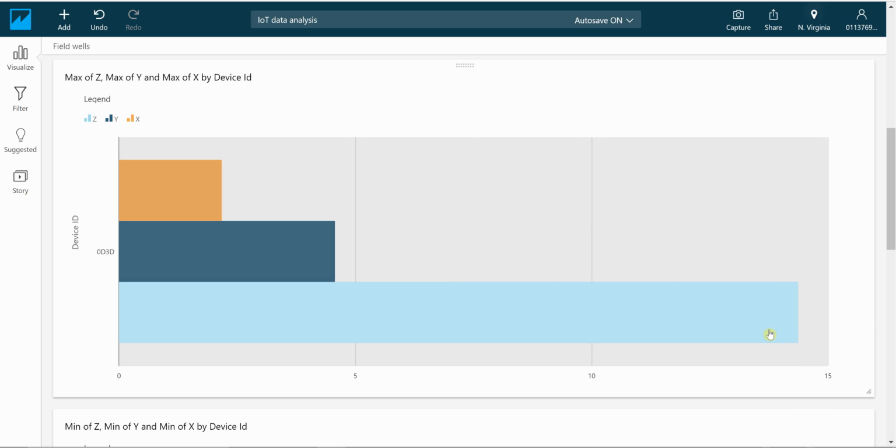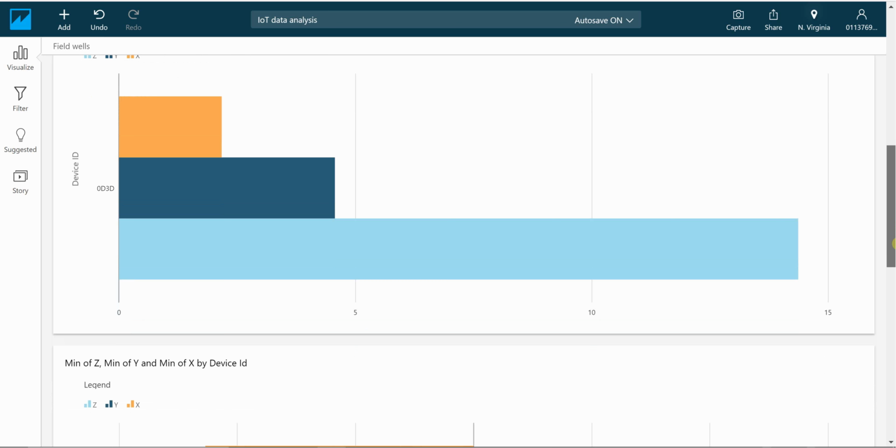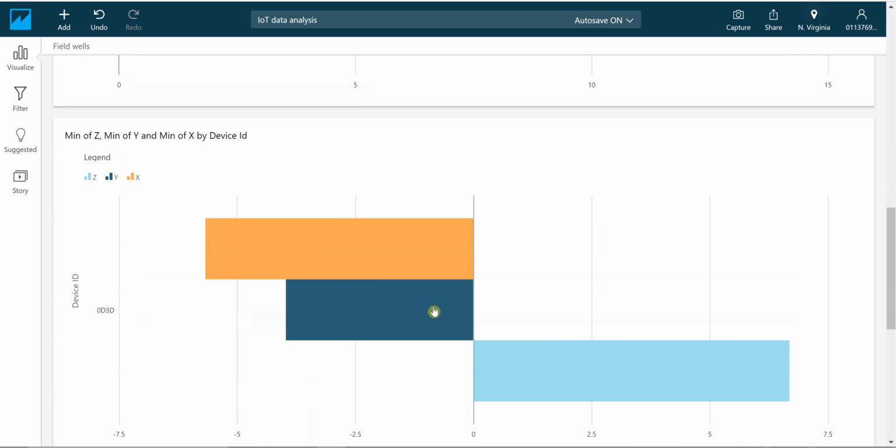So the biggest one is z, but that's also because you have to account for the 9.8 Gs of gravity. The second one after that was the y force. So the positive y again indicates a left turn. If you compare that with the minimum value, this would represent the amount of right turns.